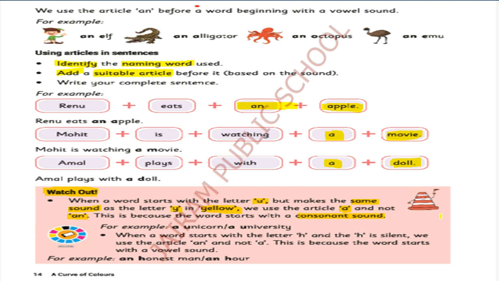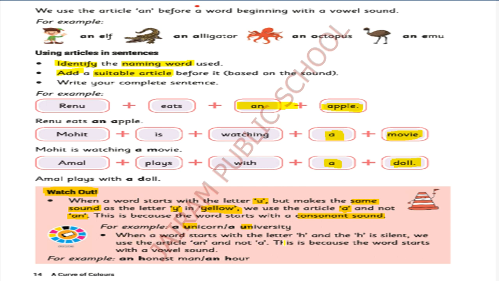If it starts with the sound of a consonant, we have to use a only, not an. For example, a unicorn. Here it is the Y sound only, so a unicorn. University, here also Y sound only, so a university, a unicorn.